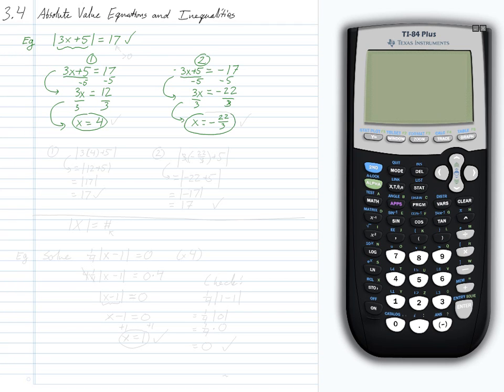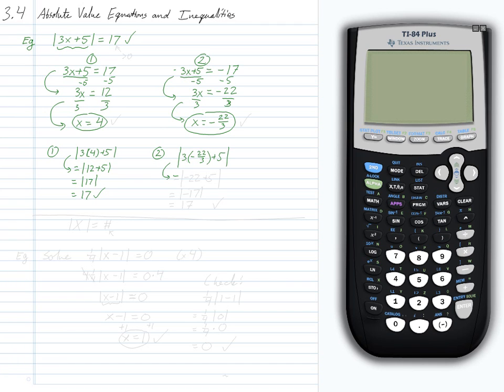So let's check that really quickly. I'll check the first one. Is the absolute value of 3 times 4 plus 5, well, that's equal to the absolute value of 12 plus 5, which is the absolute value of 17, which is 17. So we're good there. Our second possible solution, if we plug in negative 22 thirds, is the absolute value of 3 times negative 22 thirds plus 5.